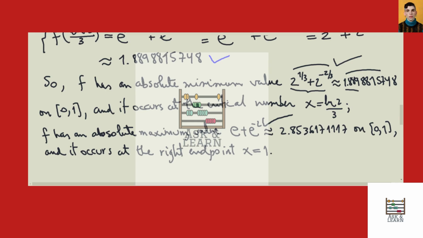And the points or numbers where those extremes occur are also exact, because for the absolute minimum value, the x where it occurs is natural logarithm of 2 over 3, and for the absolute maximum value, it occurs at x equal 1.